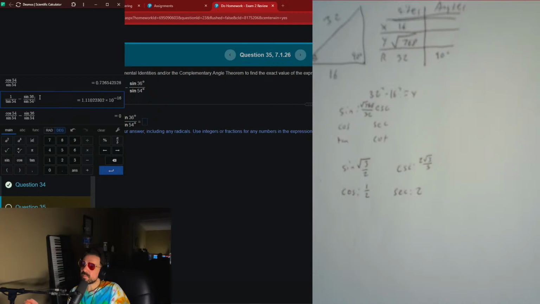How did I mess this up? Is it because it's rounding before it's doing the subtraction?